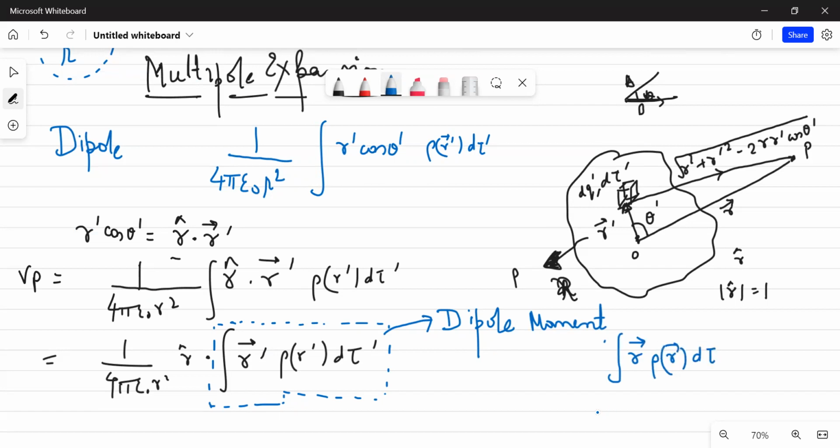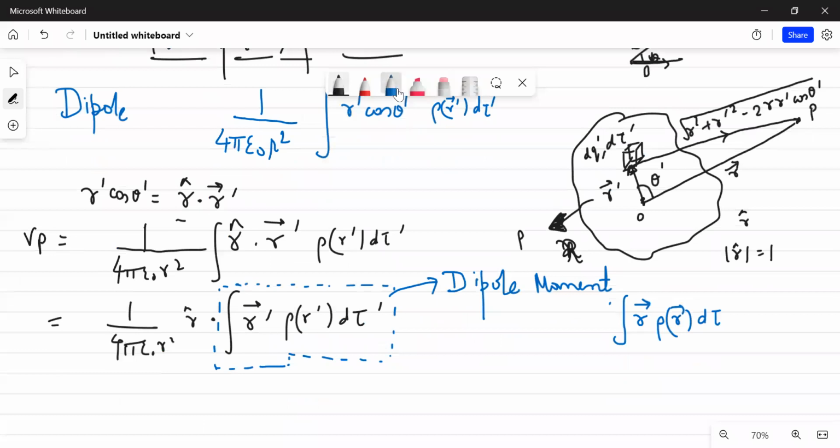This is how you will say it. When you were a very small kid, in standard 12, the similar expression, because in 12th standard mostly systems are discrete, so there you can write it as the summation of qi times ri vector.